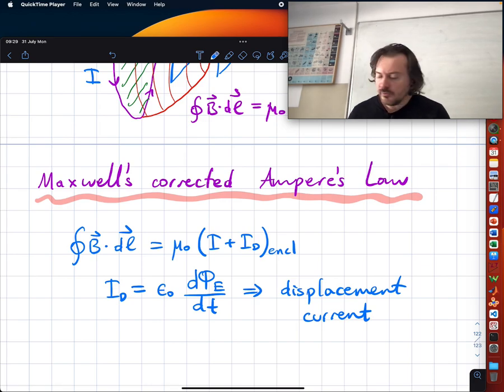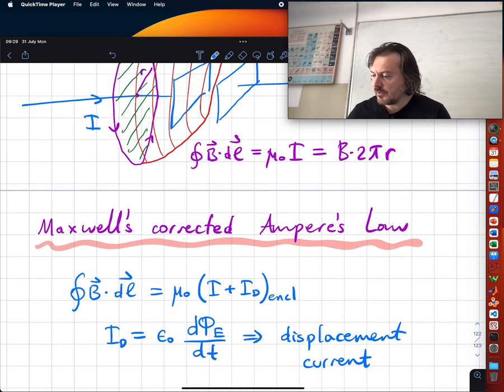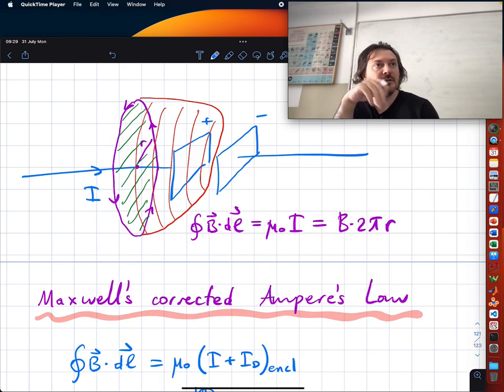First of all, let me show you that this displacement current in our example is exactly equal to the enclosed current. So what I'm going to show you is the following. If you have this part, then displacement current is 0. All the current there is this I.